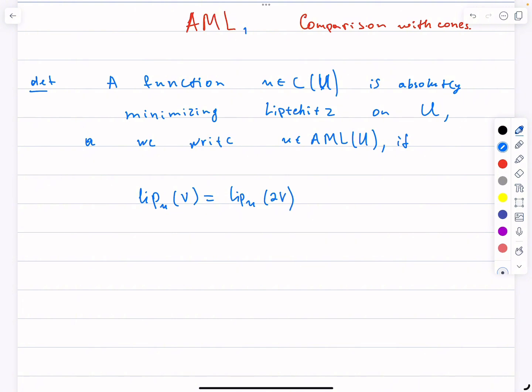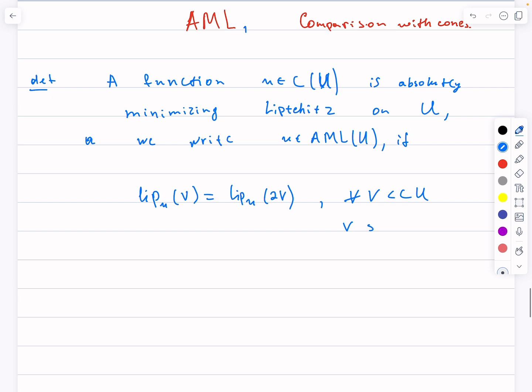What is V? For all V which is compactly contained in U. It means V is a subset or subdomain of U such that V is bounded and closed.